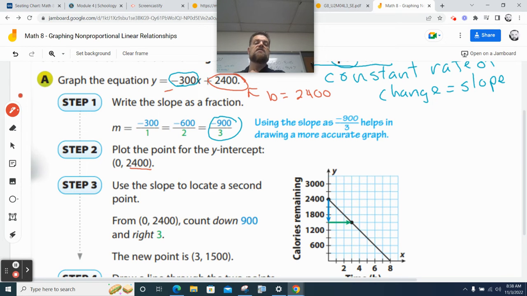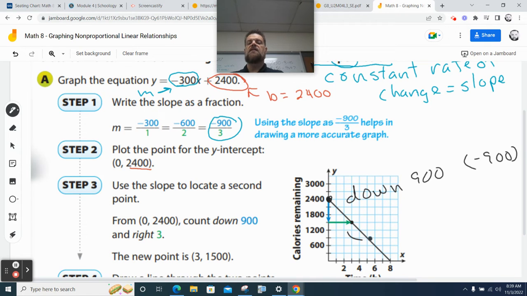And this is the slope m, right? And so what we do then is if I know the y-intercept, I can go down 900 and over 3. So here I went down 900, and that represents my negative 900.